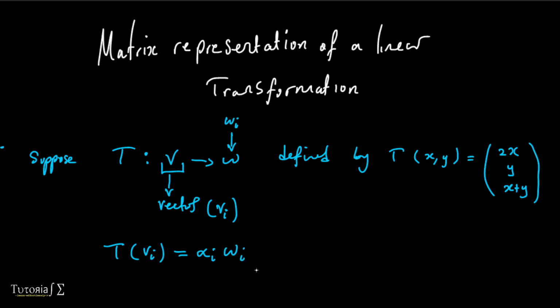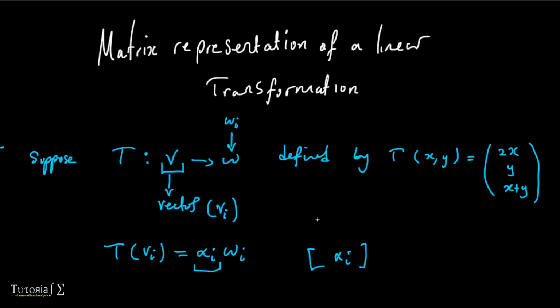Okay, so now we do this for all the vectors in the input and all the vectors in the output. Then we will have a system of equations here. Then this system of equations, we have to solve for alpha i, and the collection of alpha i will form the matrix. As easy as that.